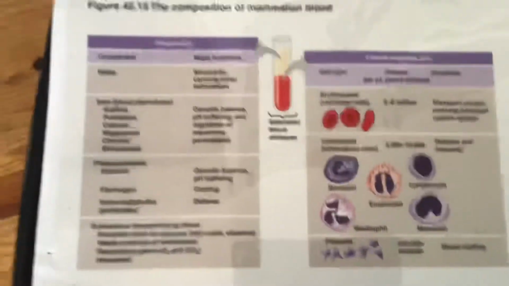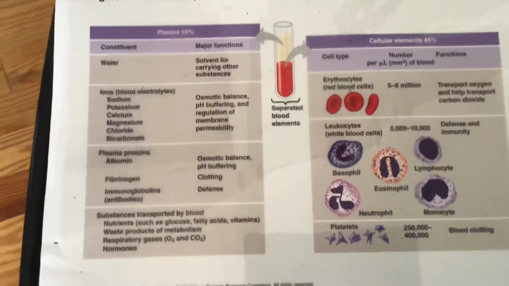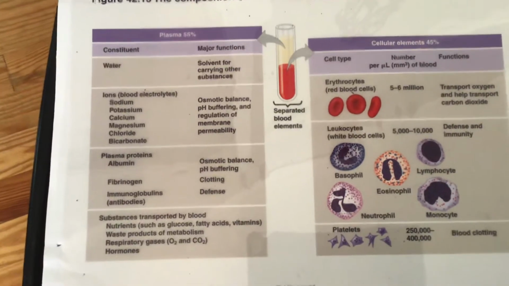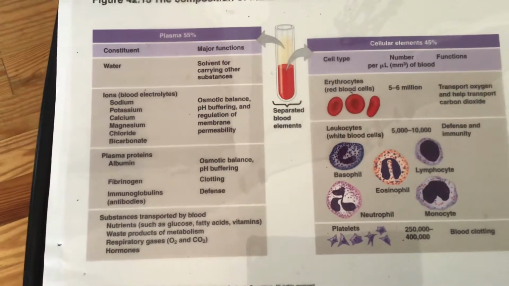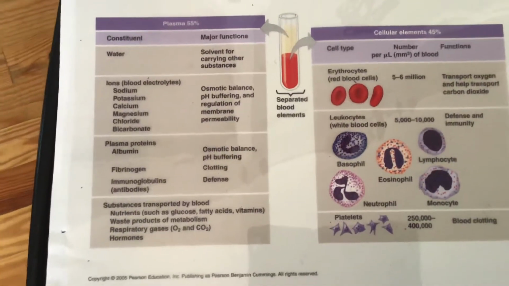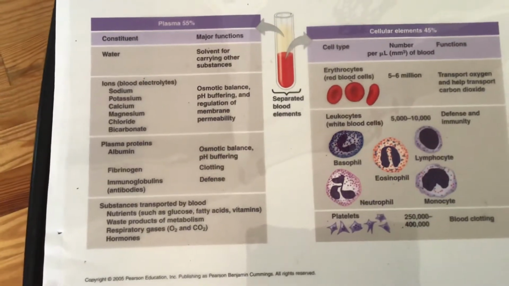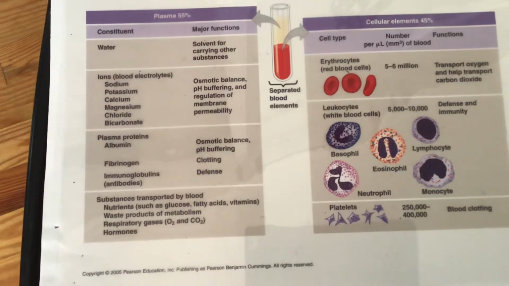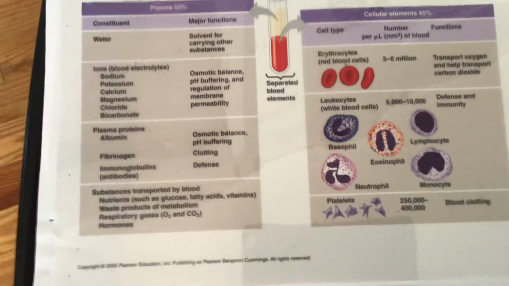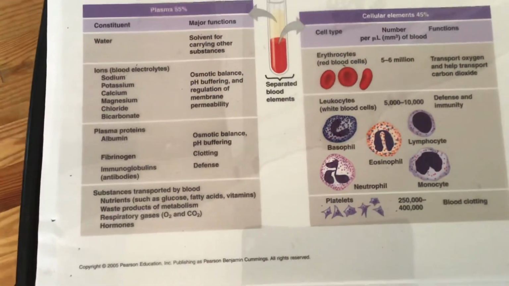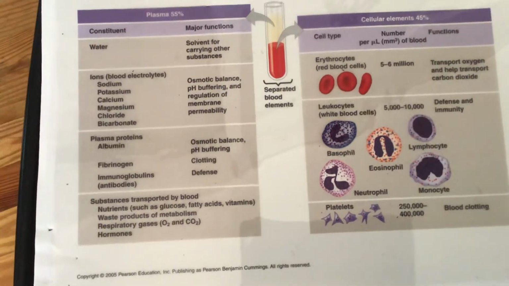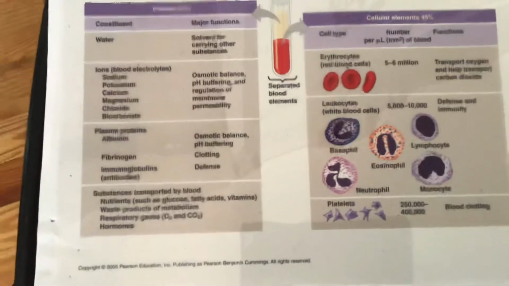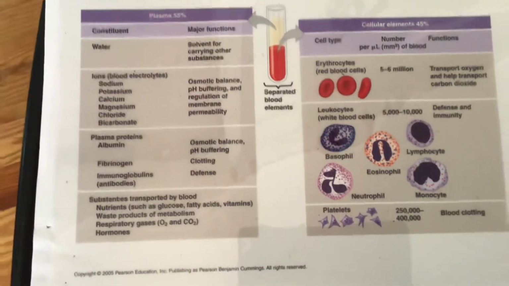All right, so first of all, the contents of the blood are mainly water, ions of various types like sodium, potassium, calcium, etc. Plasma, which is mostly a lot of proteins and immunoglobulins, which have to do with your defense and osmotic balance, pH, hydrogen ions, etc., clotting factors, other things.